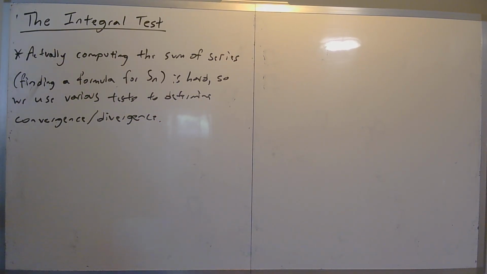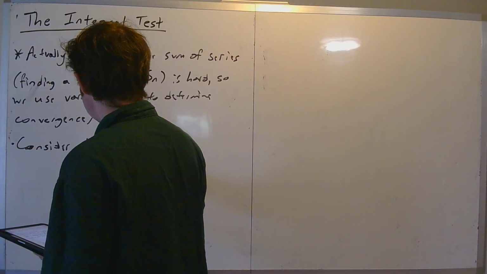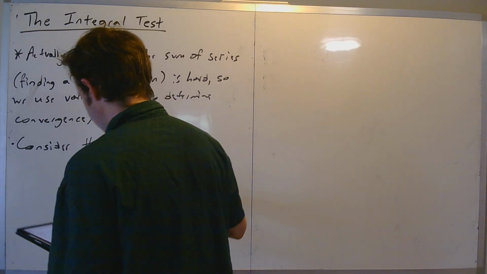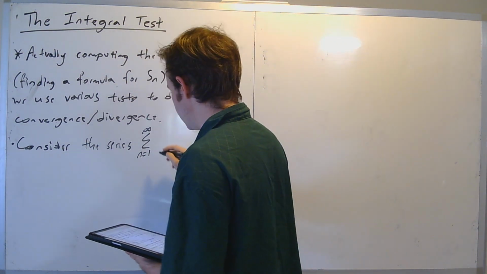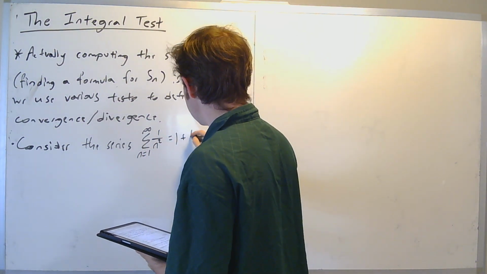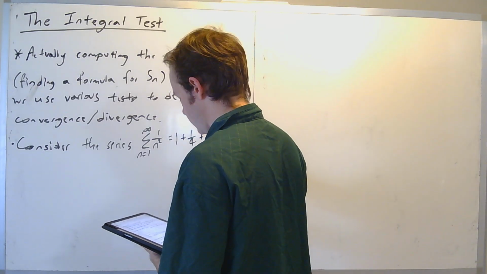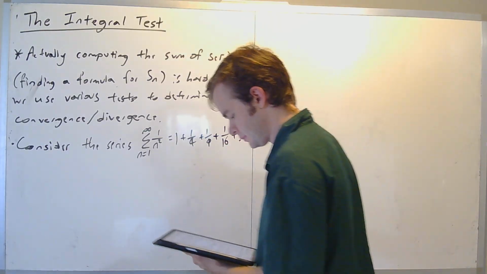Right, so as we saw earlier, sometimes finding that formula for Sn is very hard. So let's just consider the series sum from n equals 1 to infinity of 1 over n squared, which is going to be 1 plus a fourth plus a ninth plus a 16th and so on.